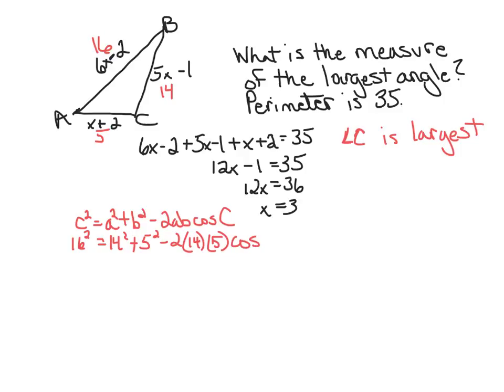cosine C. And so that gives me 256 equals, if I put these two together, I would get 221 minus 140 cosine C. Now I'm going to subtract 221 from both sides.